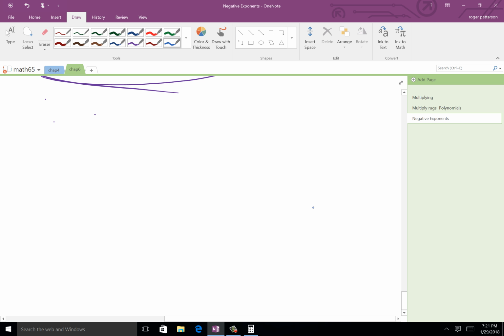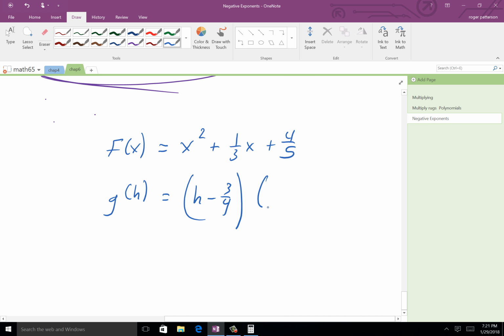So supplement 5.2 says, let the functions f and g be defined by f of x equals x squared plus 1/3 x plus 4/5, and g of h equals, it uses h here, h minus 3/4 in parentheses times h plus 8.